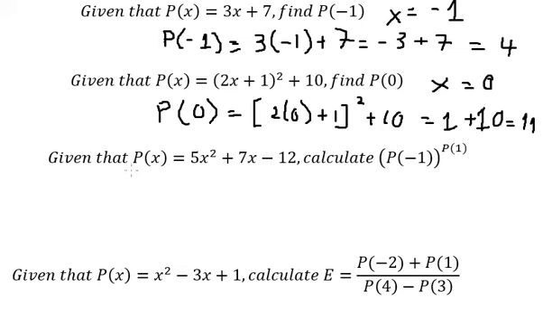Question number 3. Given that b of x equals 5x squared plus 7x minus 12, we need to find this one. Before we calculate this one, we need to find b of negative 1 and b of 1.